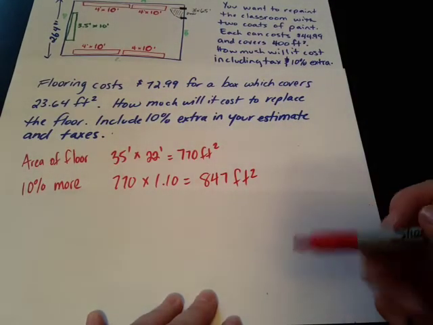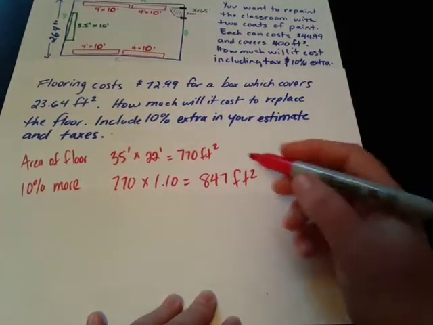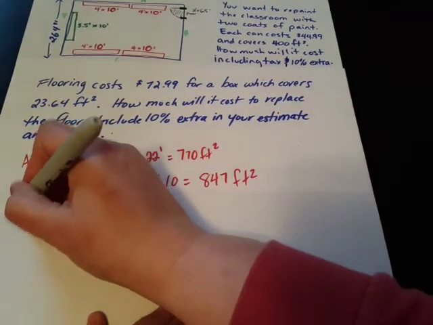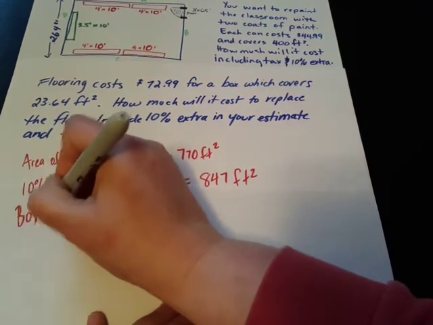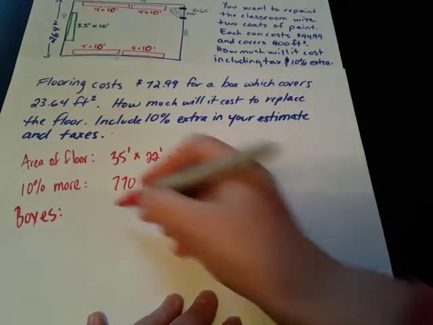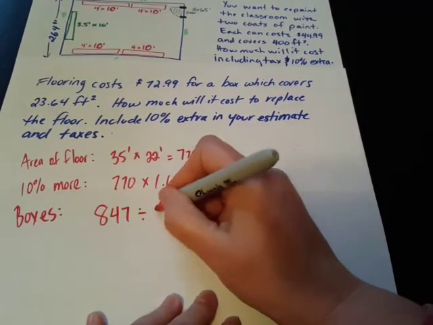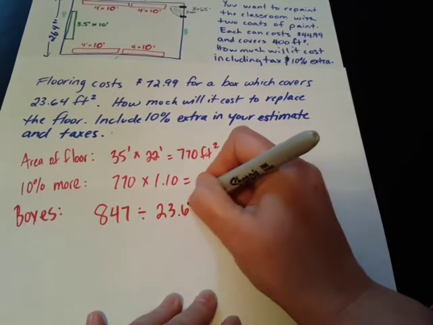And our box doesn't cover a whole lot. It's only 23 square feet. So let's figure out how many boxes we need. It's kind of nice to organize yourself here. You notice that there's no set way to do this. Everybody's answers are going to look very different.